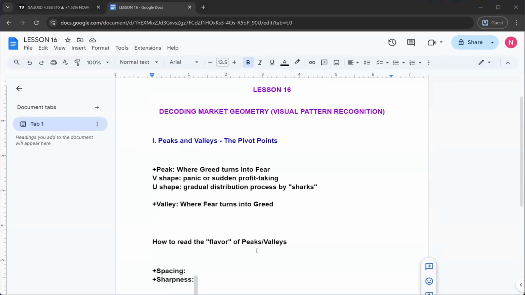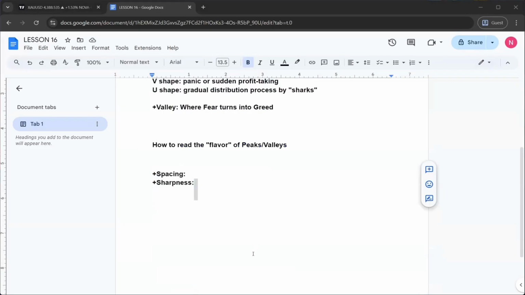And the next part, besides peaks and valleys, that I want to share with you is trend lines. If peaks and valleys are the joints, then the trend line is the spine connecting them.